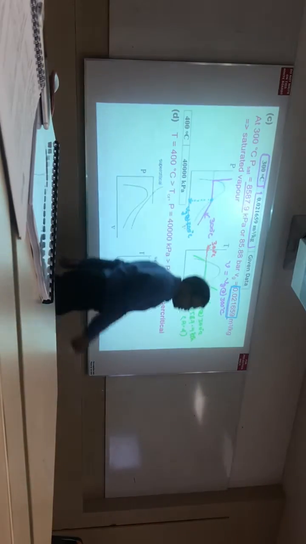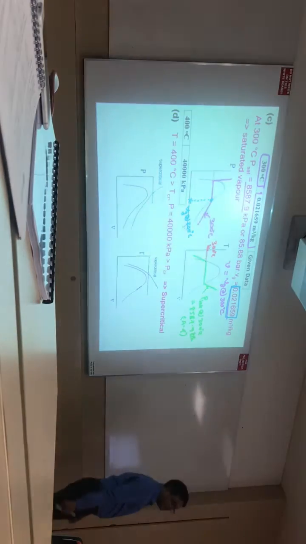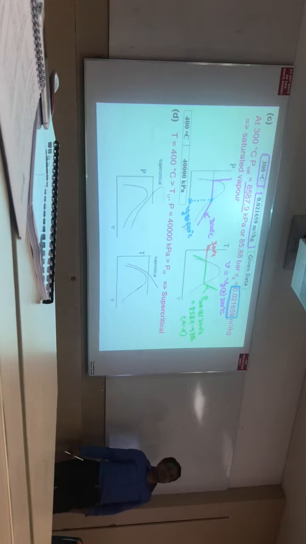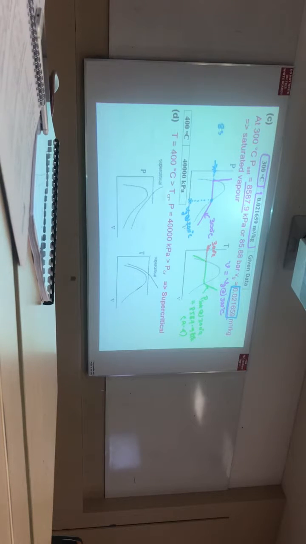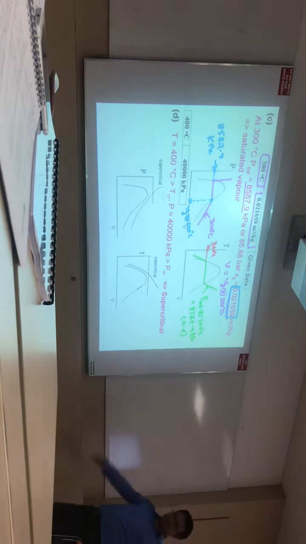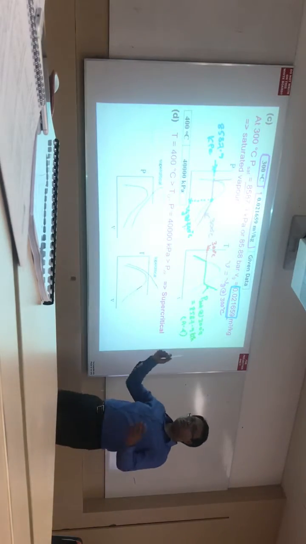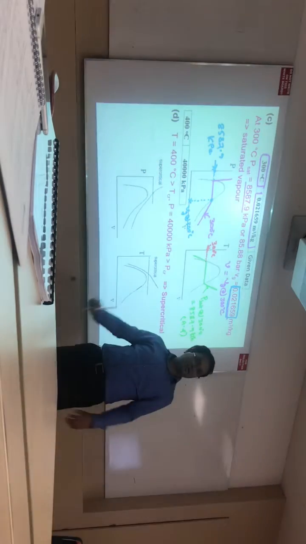This indicates the saturation pressure with respect to temperature 300 degrees Celsius. Alright, so this pressure, if you draw one line, this value is equivalent to 8587.9. I draw everything nicely. But in the exam, I want to see you write everything nicely. Okay?